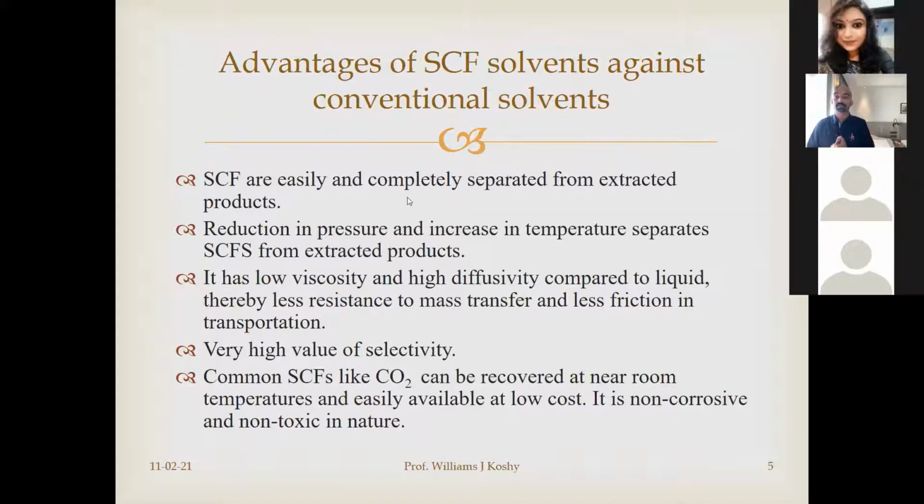So if you bring down the temperature or pressure below this, it will again get converted into liquid or gas depending upon the temperature and pressure.